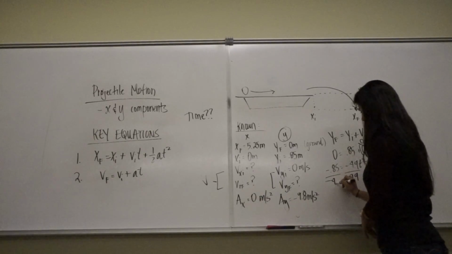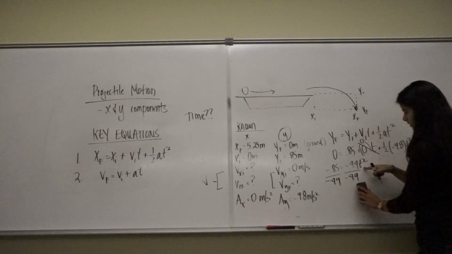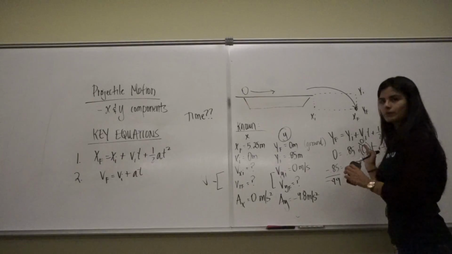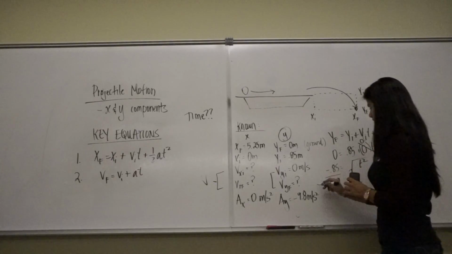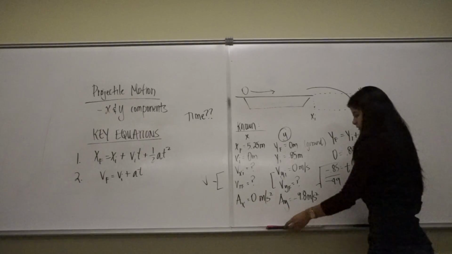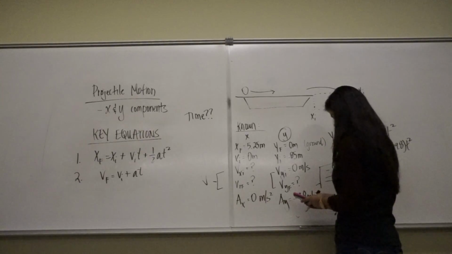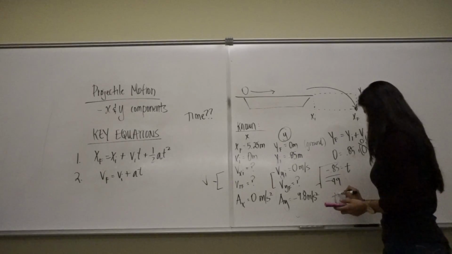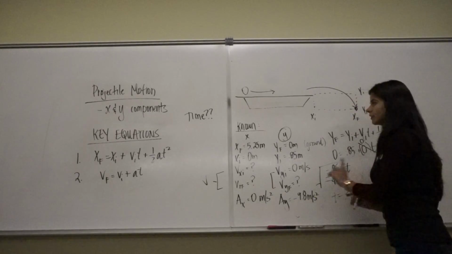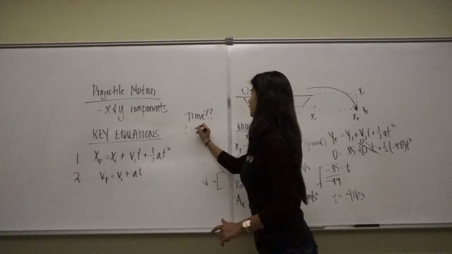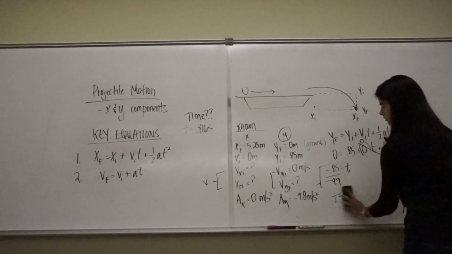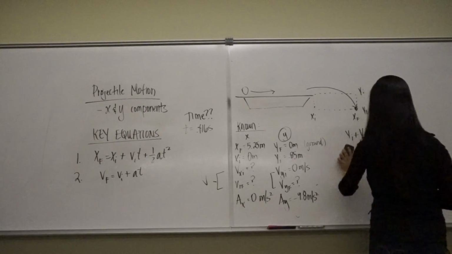And this is going to be my T squared, right? So to make this not squared, I have to square root it. And according to my calculator, I believe T equals 0.416 seconds, okay? So I'm going to write this down over here. T equals 0.416 seconds. All right, so now that I know time, that's going to make my life a lot easier.